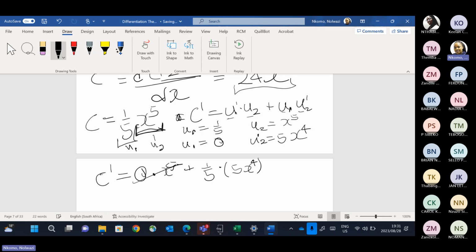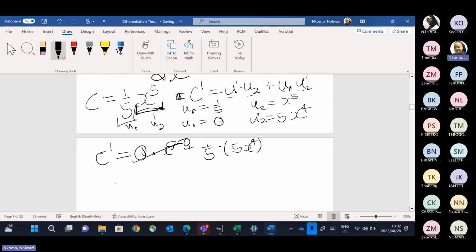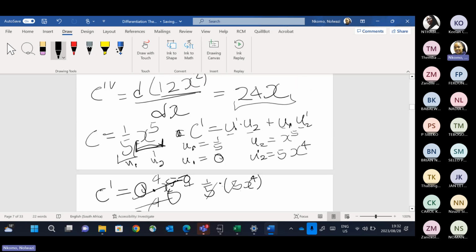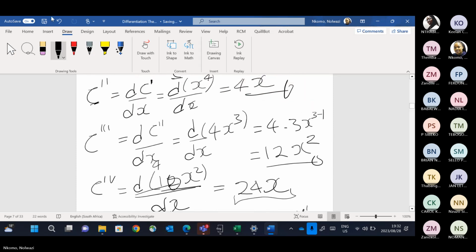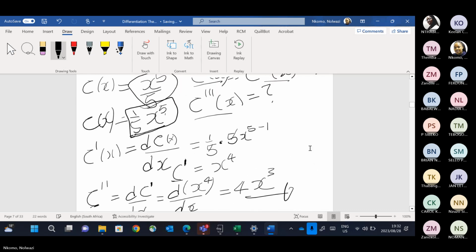The first part gives 0 because anything multiplied by 0 is 0. So you have 1/5 times 5x to the power 4, the 5 and 5 cancel out, and you're left with x to the power 4, which is this.